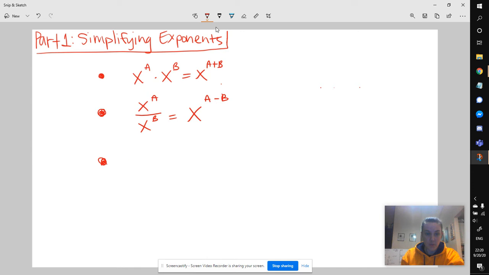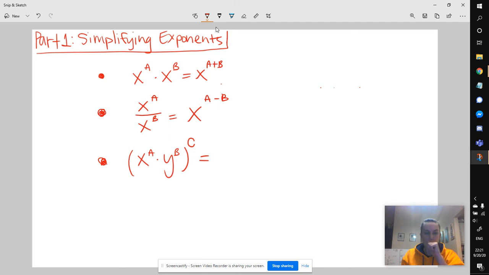The other one is if you have x to the power of a times y to the power of b, all to the power of c. So 2 things are happening here. The first thing is x to the power a times y to the power b. That's simplified. We can't do anything to that, right? The bases are different, so we can't really combine them in that way.